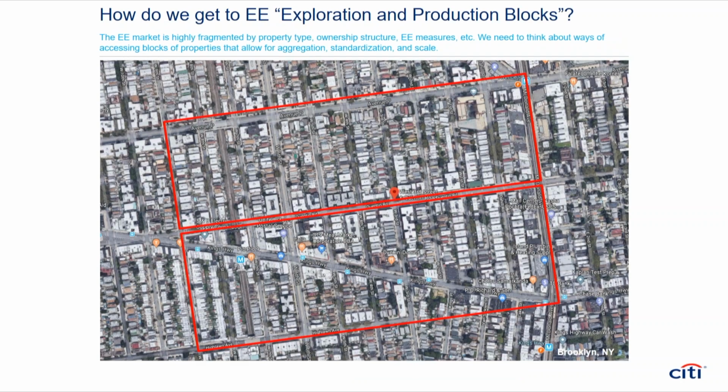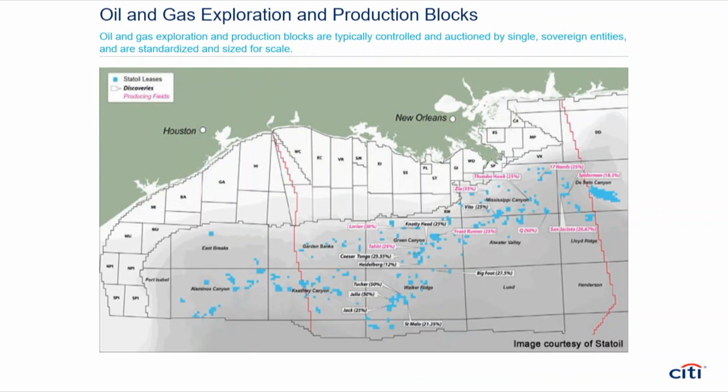And so now, let me back up here a little bit. I like to juxtapose the efficiency opportunity to how oil and gas is explored for and produced. In oil and gas, you have a sovereign entity who has domain over blocks that they auction off.